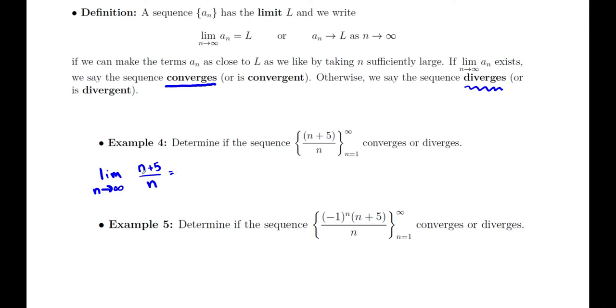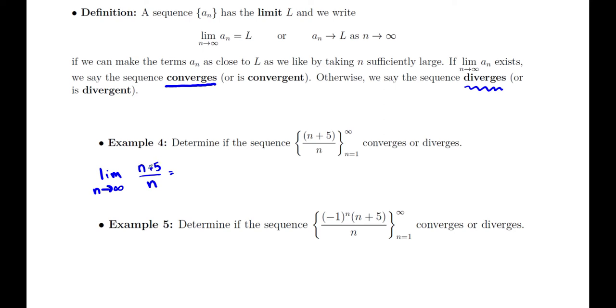Okay. And let's think about how we might manipulate this. The whole idea is how can I tell what this is settling down to, if anything? One of the principles I would remind you of is this: when we're looking at +5, but you make n really large, the 5 really isn't all that significant.